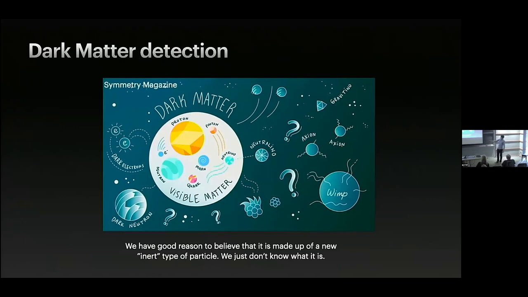It could be a form of a dark neutron, some particle that looks like the neutron, but doesn't interact with our forces. And it could be something like a WIMP, which stands for weakly interacting massive particle. This WIMP looks like the W or the Z boson, or a heavy version of the proton, and interacts with us at an energy scale around the electroweak scale, which is the mass of the W and Z bosons.